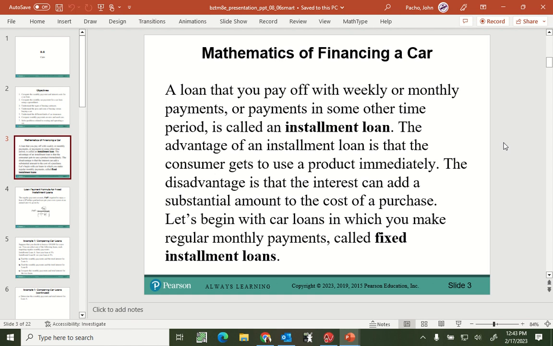The disadvantage is that interest can add a substantial amount to the cost of the purchase. Car loans on which you make a regular payment are called fixed installment loans. That means if it's fixed, you have a monthly payment and that monthly payment does not change. They have a variable loan also, but you don't want to do that.